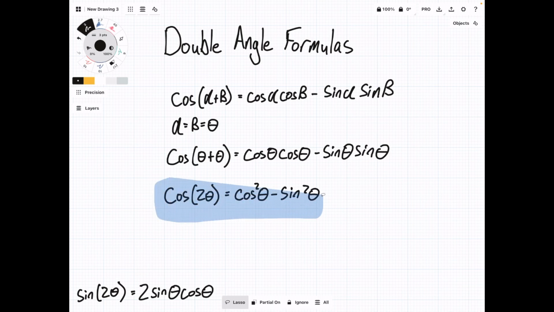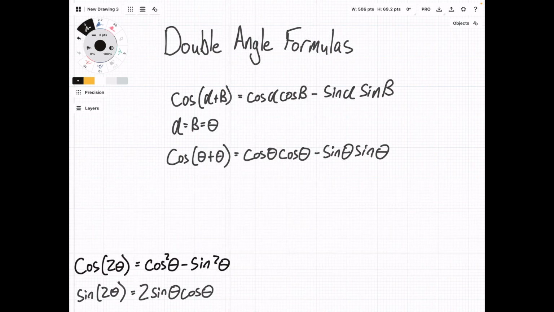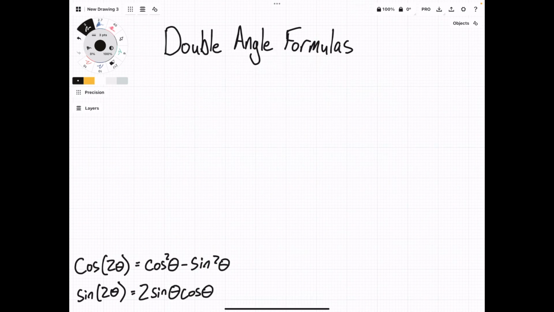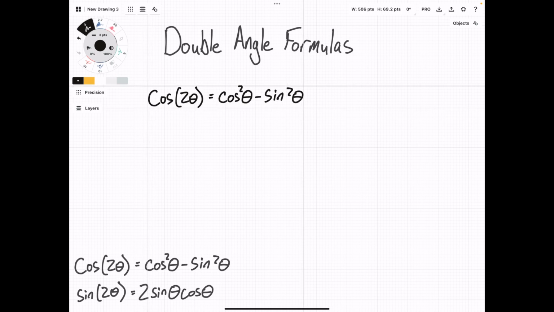So there's our first double angle formula for cosine. There are actually 3, so what we're going to do is clear this up, copy this, and this is going to be our new starting point. To get the second and third formulas, we need to use a different formula.